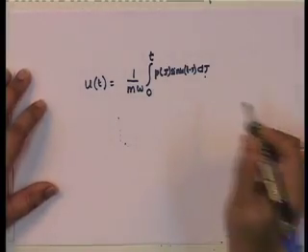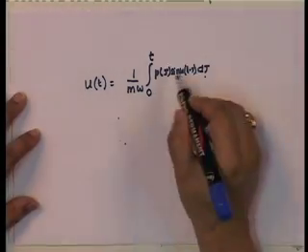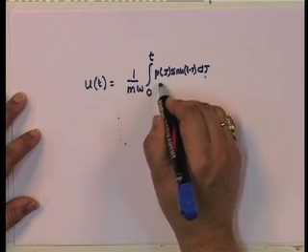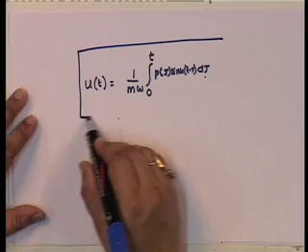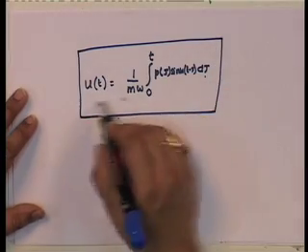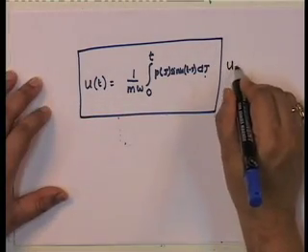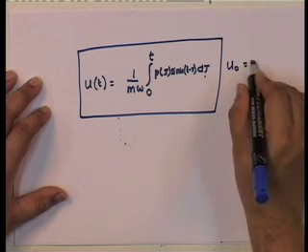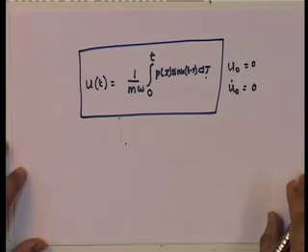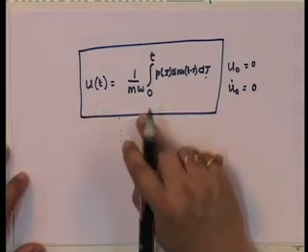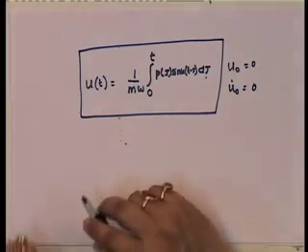So, in other words, note that for a general loading, my response is equal to this. Of course, this is assuming u 0 is equal to 0 and u dot 0 is equal to 0. It means this is valid only if you have at rest conditions.